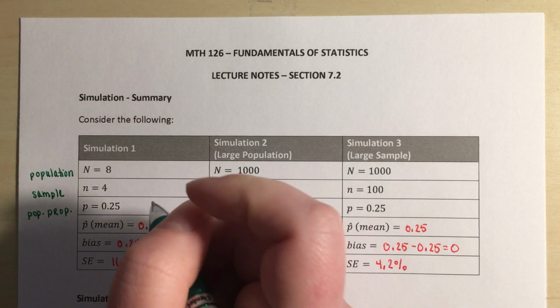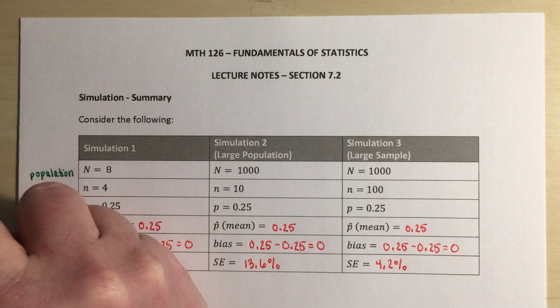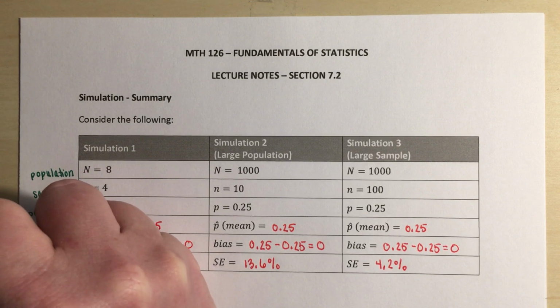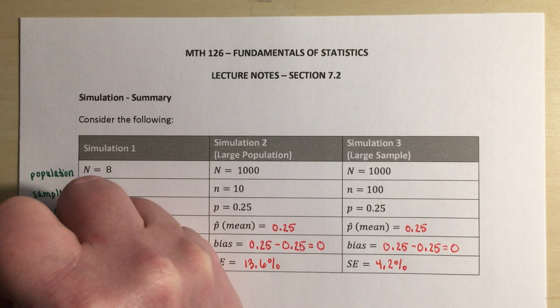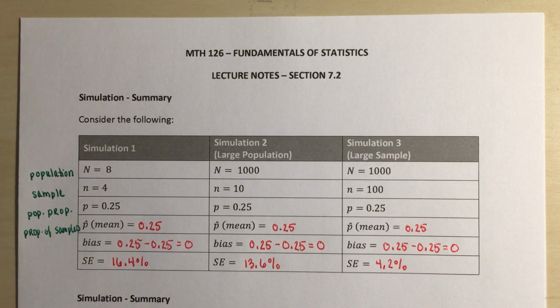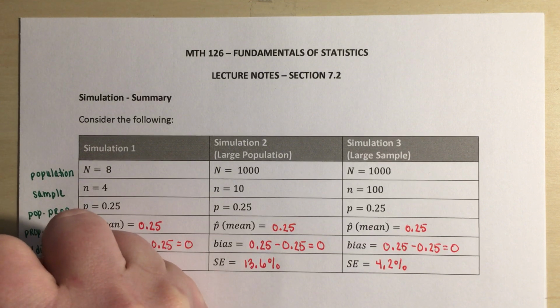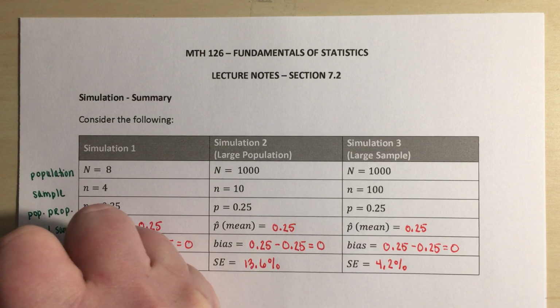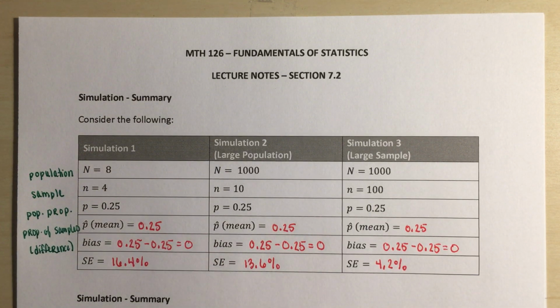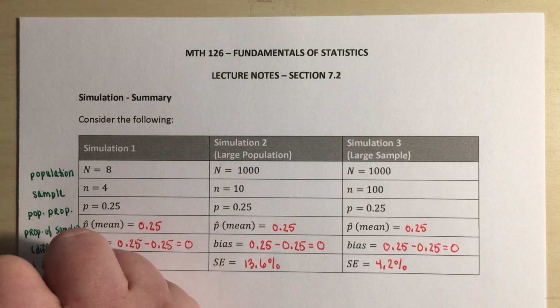P hat is our proportion of our samples. Our bias, again, we found the difference between those two values. And then standard error, we're going to eventually get a formula to calculate.